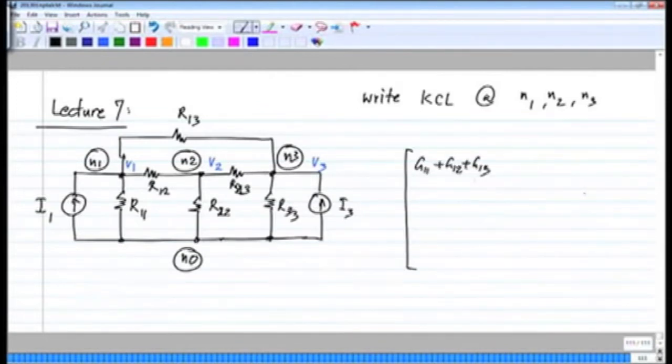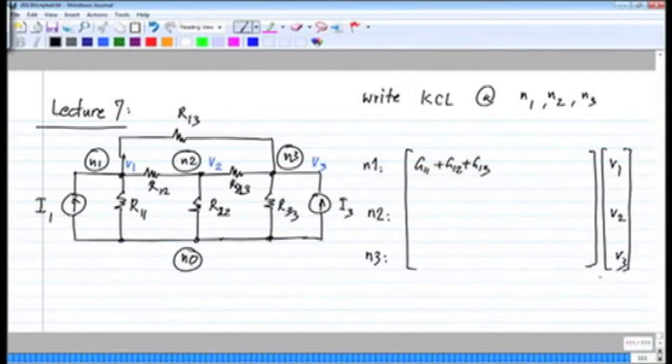We saw that the diagonal elements of this matrix basically correspond to the total conductance connected to each node. Okay, so the first row corresponds to the KCL at N1, second row to N2 and third row to N3. And I will use the same ordering for the variables also, that is V1, V2 and V3.